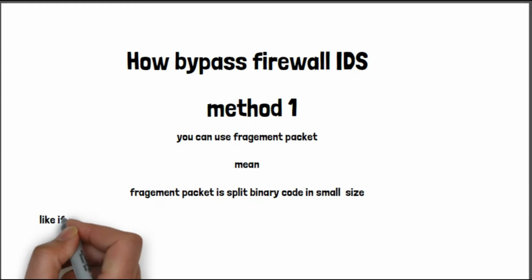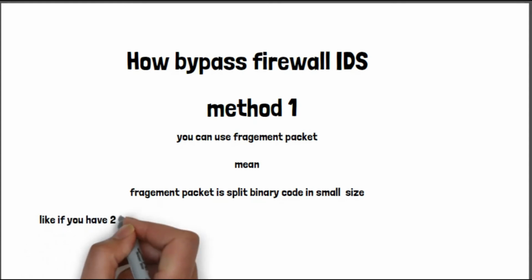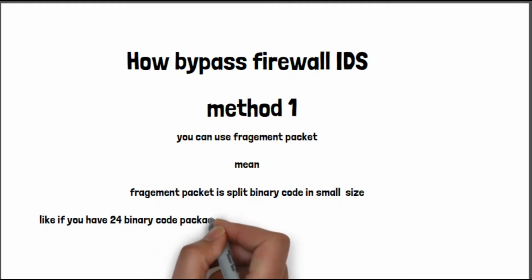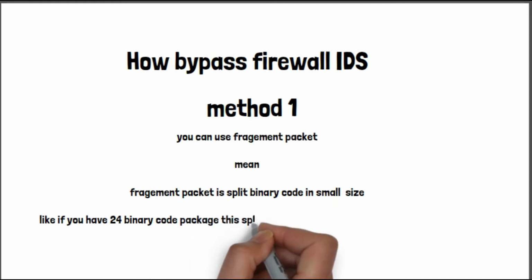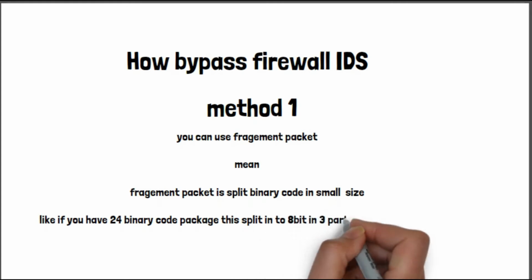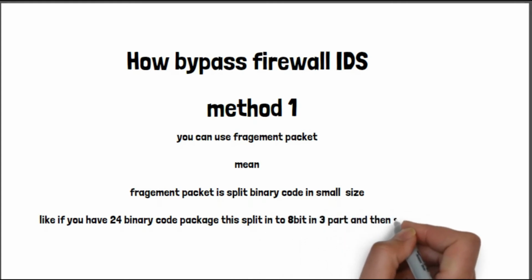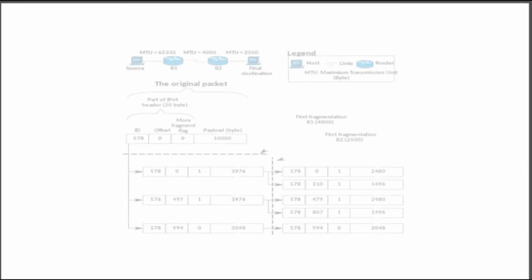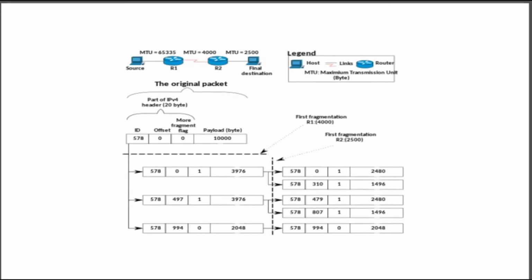Like if you have a 24-bit binary code package, this splits into 8-byte pieces in 3 parts. By default Nmap splits in 8 parts. You see this picture.